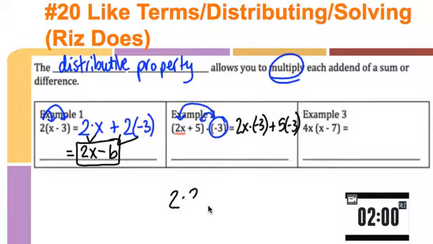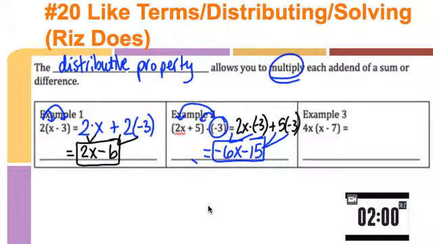What that means is that 2 times 3 is the same thing as 3 times 2. So if I take this 2x plus 5 times negative 3, that's the same thing as negative 3 times 2x plus 5. Okay, and now I'm going to simplify. So 2x multiplied by negative 3, that makes negative 6x. And positive 5 multiplied by negative 3, that's negative 15. I'm going to go ahead and box that up, and that's my simplified expression.